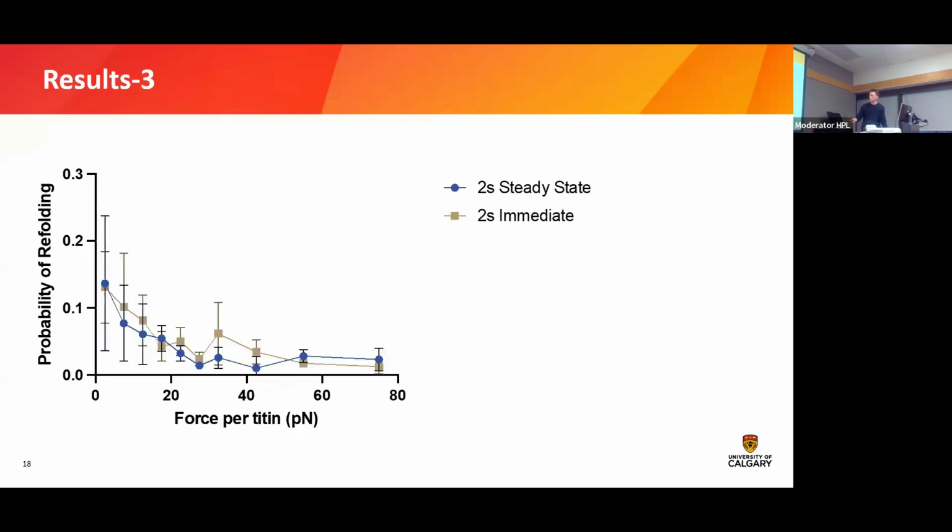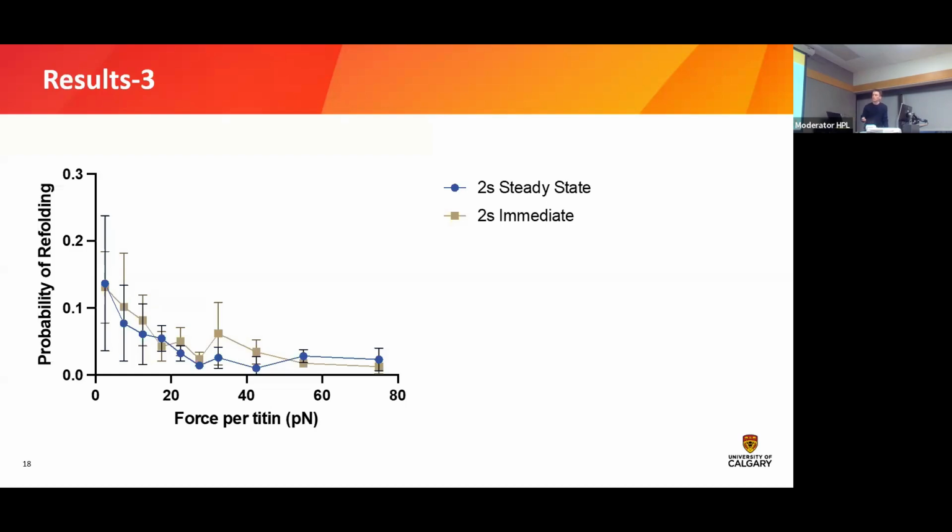The last thing is that we can calculate the probability of refolding at each Titin force. I did this for the 2 second only, because that's where we saw significant differences. The idea here is if these two curves were different, we would be seeing different behavior of immunoglobulin domains. Since we are not, it's essentially the same for both of them.